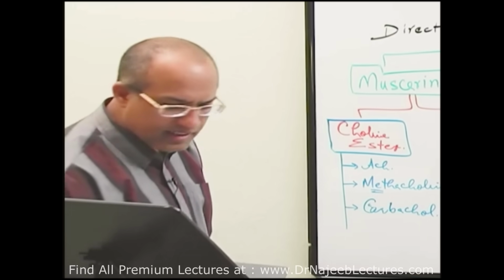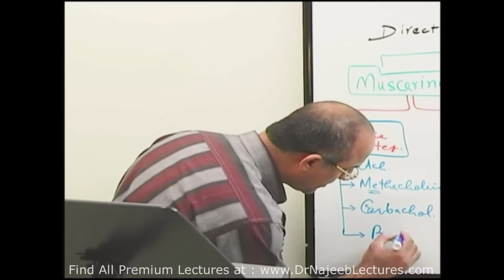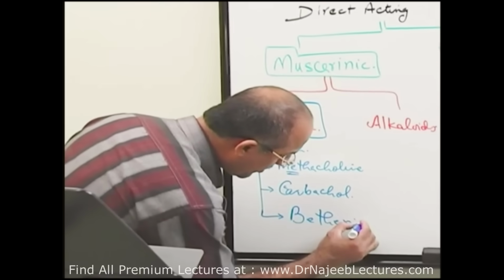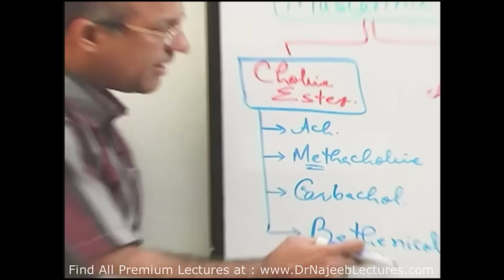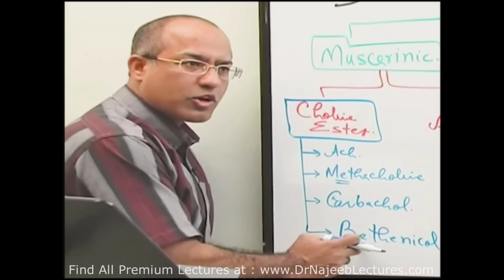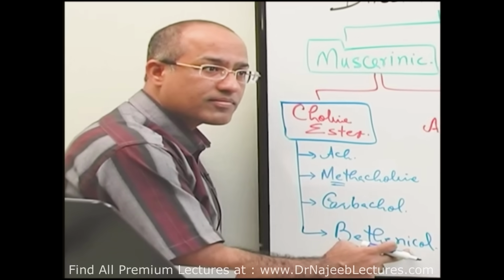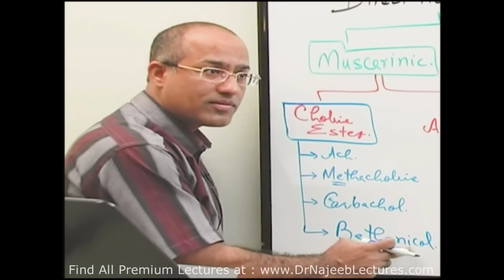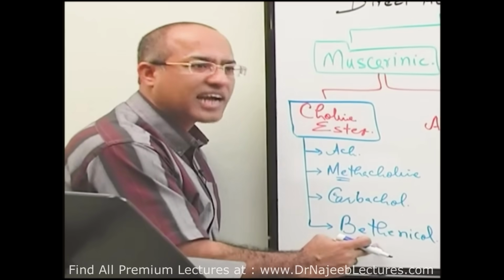Is that right? Then there is another compound that is called bethanechol. In bethanechol, again with the choline there are carbamates, not acetate, right? Now, bethanechol also has a methyl group addition.